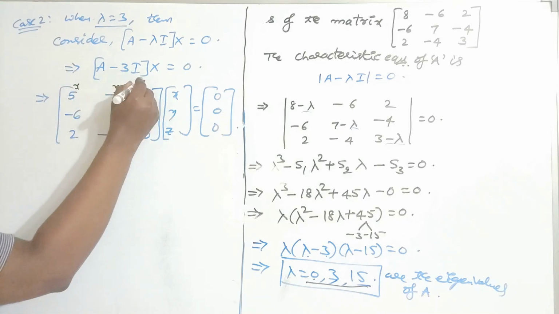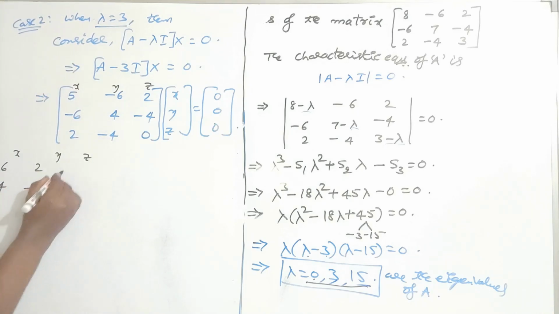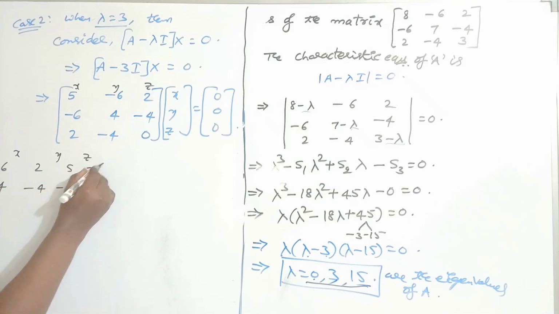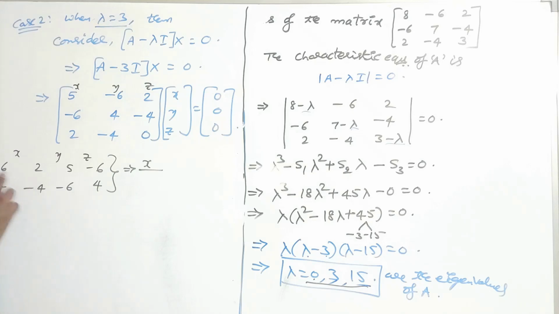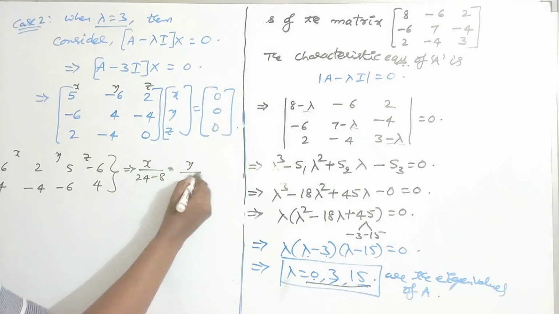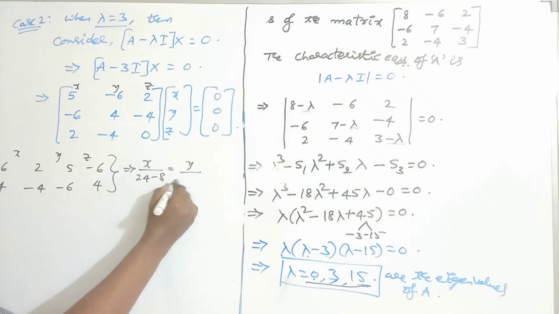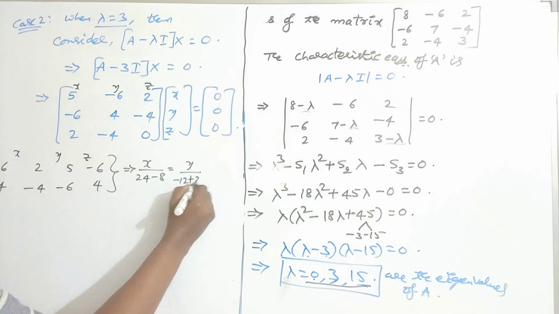x, y, z. So x, y, z. Negative 6, 4. 2, negative 4. 5, negative 6. Negative 6, 4. X by 24 minus 8. Y by minus 12. Minus of minus plus. 5 4s are 20.